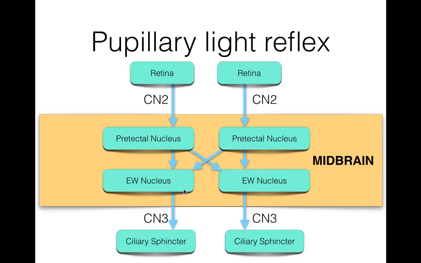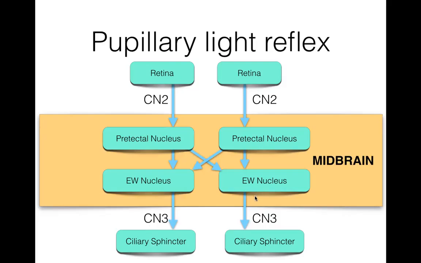And in both cases, the Edinger-Westphal nucleus, as we have mentioned earlier, would send out fibers that form cranial nerve number 3 that ultimately stimulates the ciliary sphincter, resulting in the constriction of the pupil. So whenever we shine light here, we would observe constriction of the left pupil.